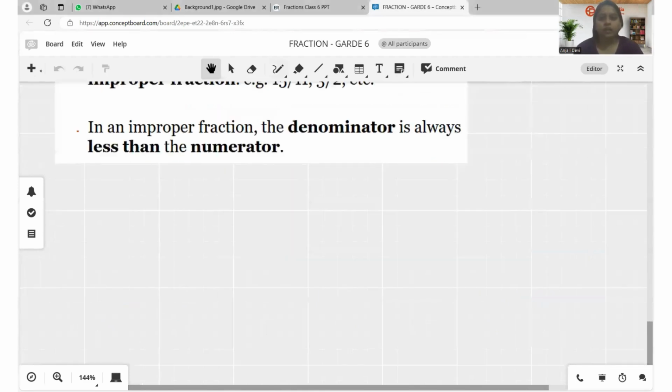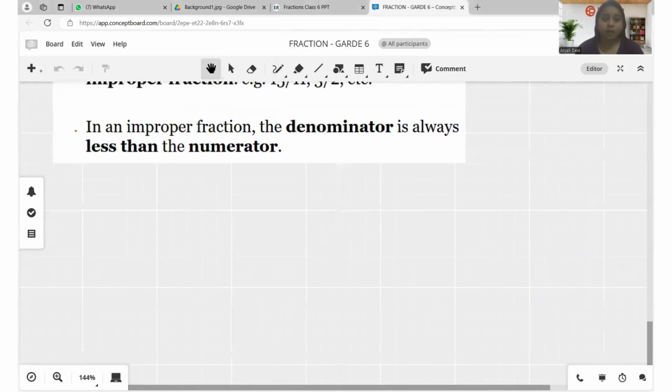All right. Now let's go ahead and try to understand how we compare fractions. Supposedly you have 2 by 3 and you have 4 by 7. How do you compare the fractions? There are two ways of comparing fractions.